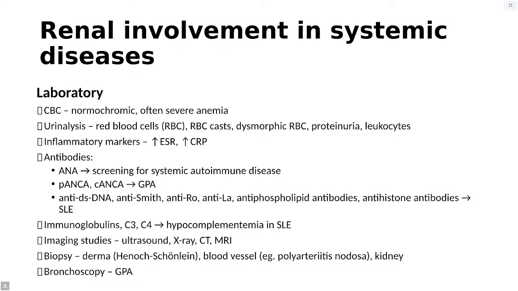From imaging studies, we perform ultrasound, X-ray, CT, MRI. Biopsy we rarely perform, but it is possible: from skin for Henoch-Schonlein purpura, from blood vessels for polyarteritis nodosa, kidney biopsy, and bronchoscopy when we think about Goodpasture syndrome.